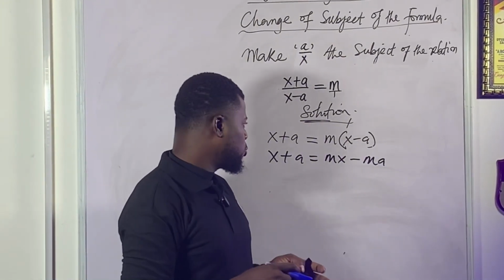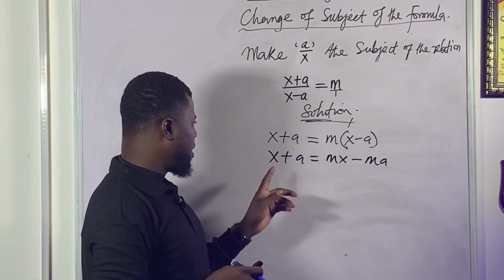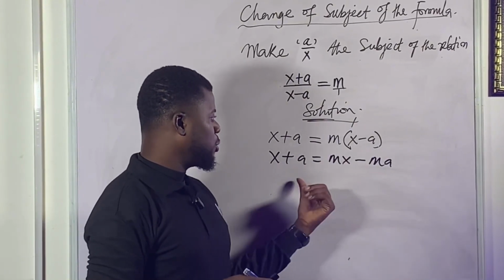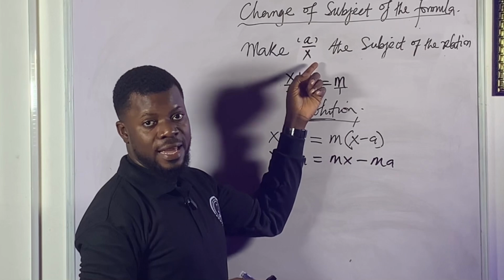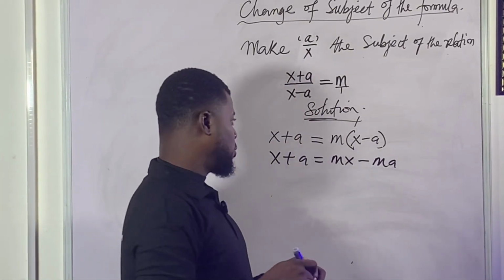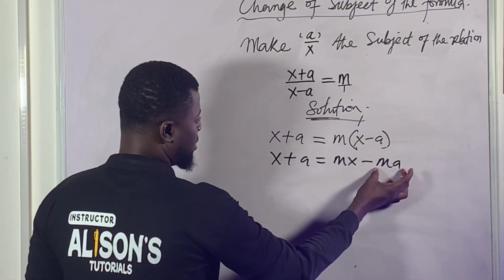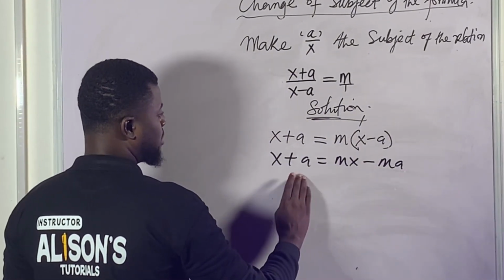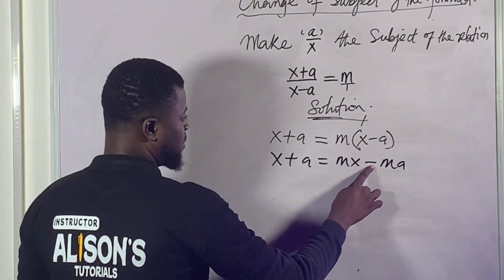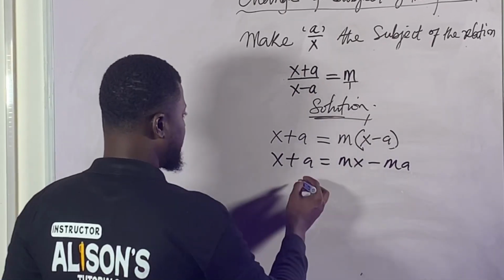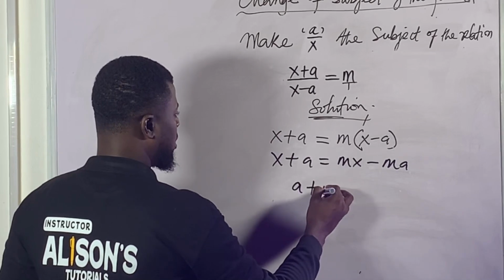What do I mean? I want to group this. All the x's should be on one side and all the e's on the other, because we're interested in e and x. That's the second approach we need to follow. So I'll have this e. If you bring this ma across to this part, keep in mind here it is negative. If you pull it across to this part, it changes to positive. So we'll have e plus ma.